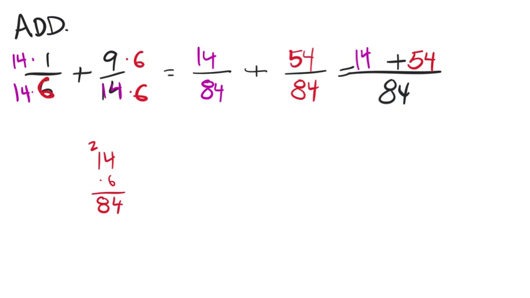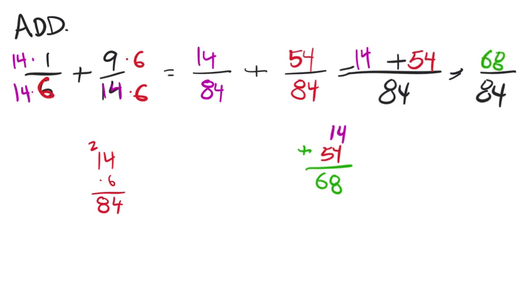I'm assuming this is not the lowest common denominator. It looks like we're going to have some simplification at the end. That's okay as well. So we're still going to be in 84ths, but we're going to take the 14 and the 54 and add those. So I get 68 on that. Okay, I thought maybe they're divisible by 4, but it doesn't look like they are.